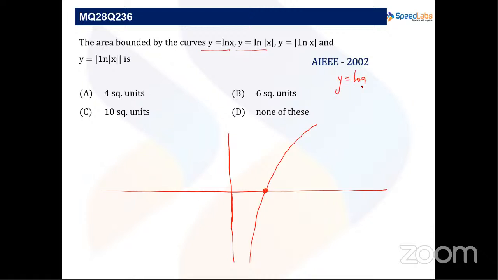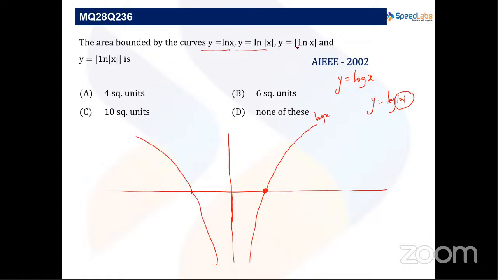Y equals log x will be this curve. For y equals log of mod x, we will write it as log x for x greater than or equal to 0. And if x comes out to be negative, then also the function will be the same, but we can consider the negative values of x also here. So for x equals minus 1, this will be 0, and this curve will be like this.